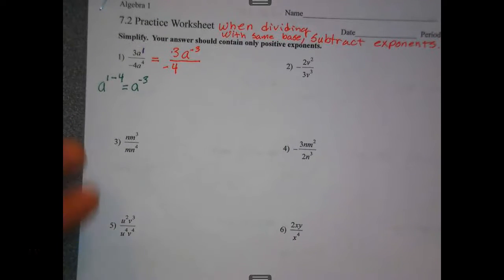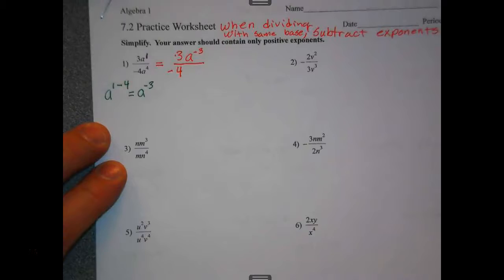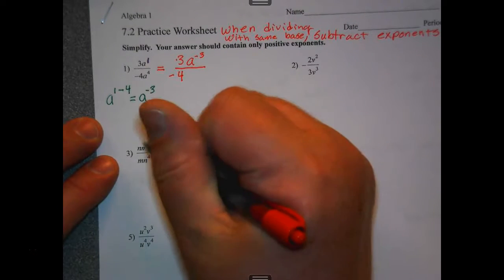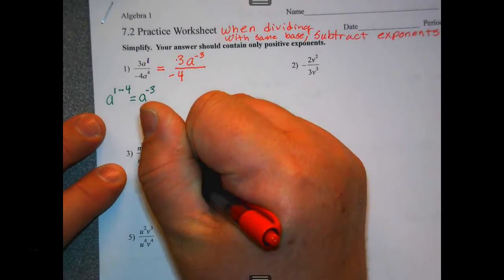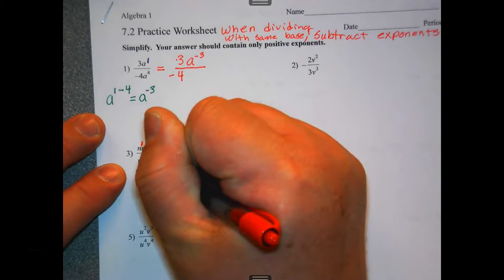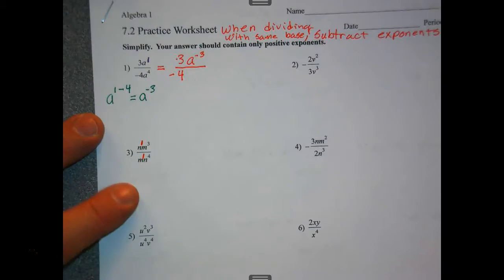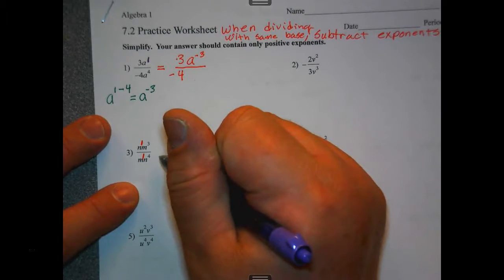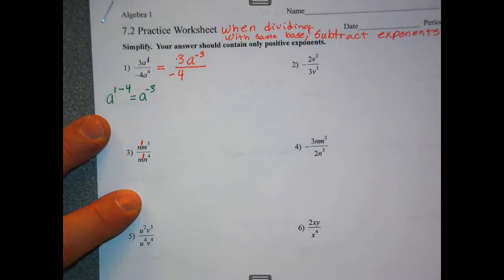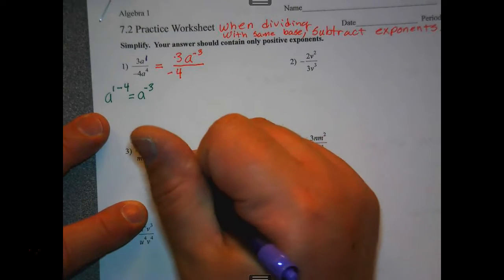Let's do number 3. Again, if there's no coefficient there, there's a 1 there. I know that this is going to be a fraction. Well, actually, with just variables, it's not yet.